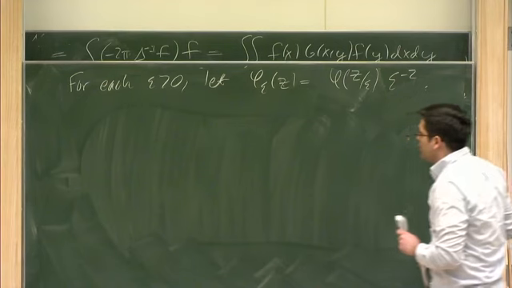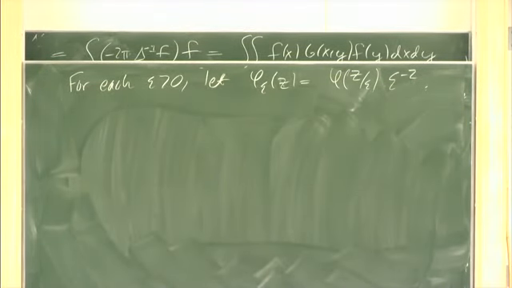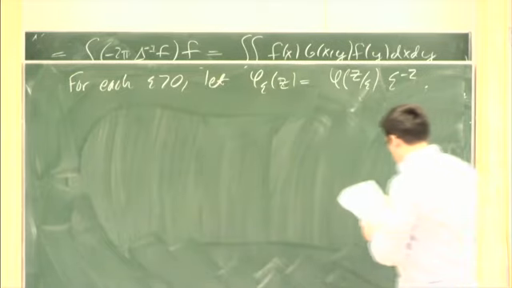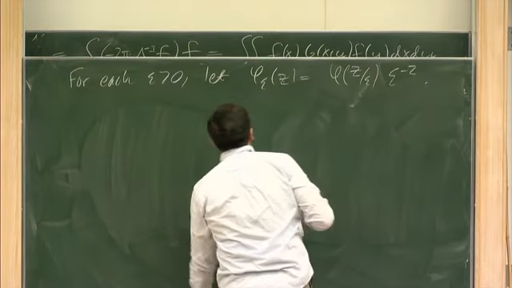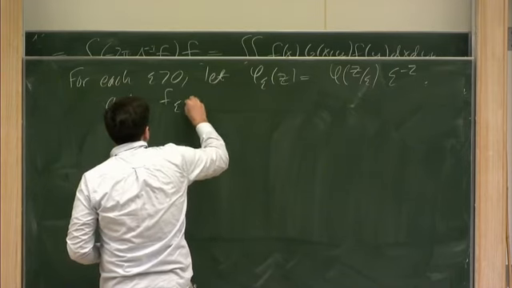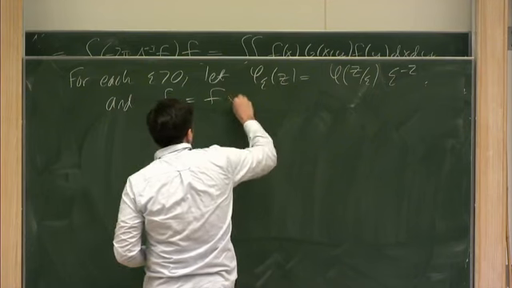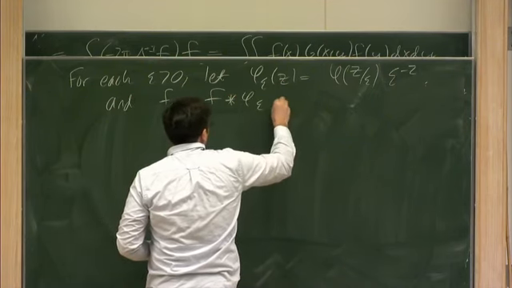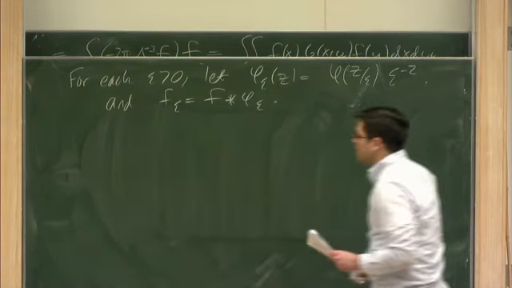Okay, so this is also a nice bump function. And then I'm going to let f sub epsilon be what you get when you take f and convolve it with phi sub epsilon.